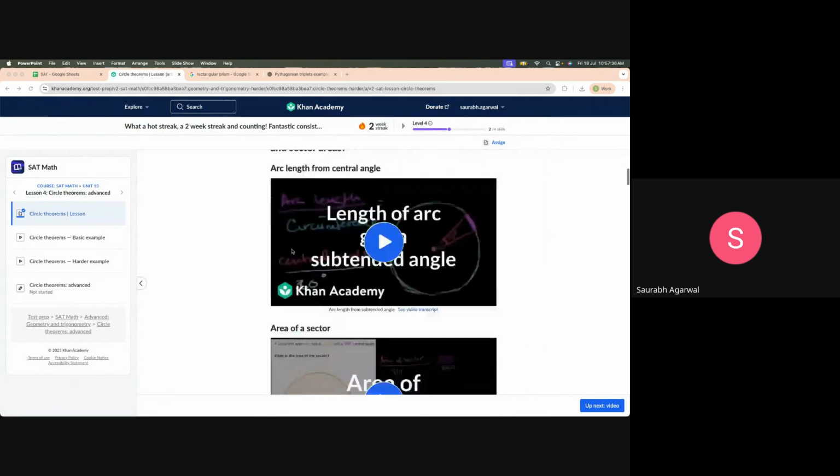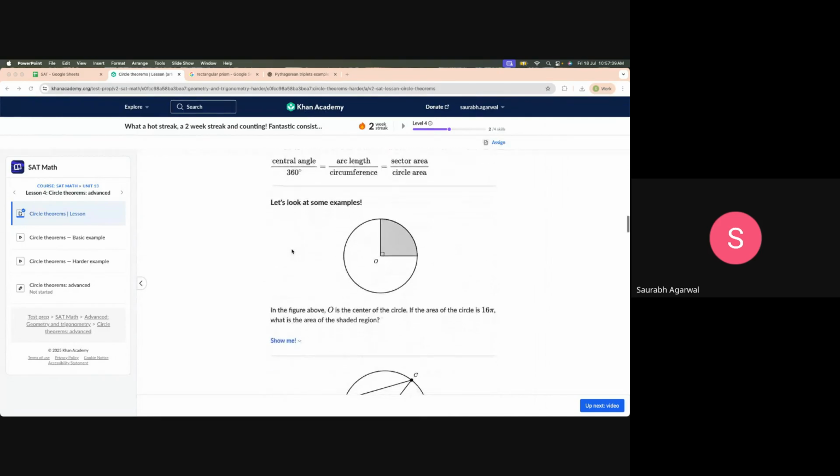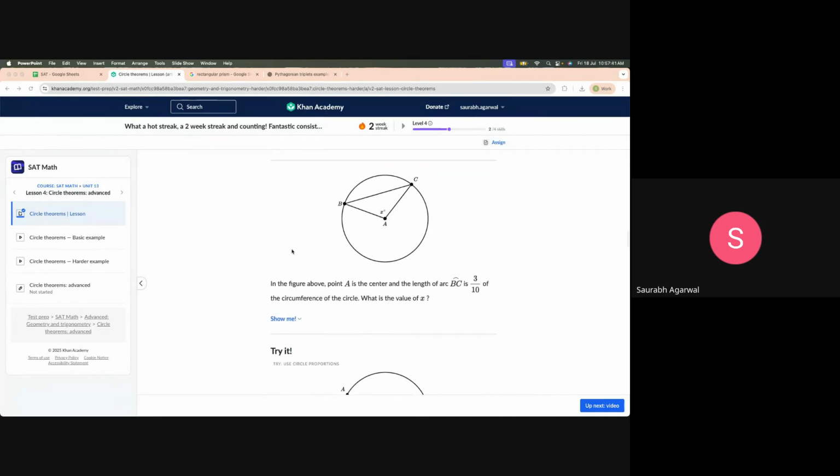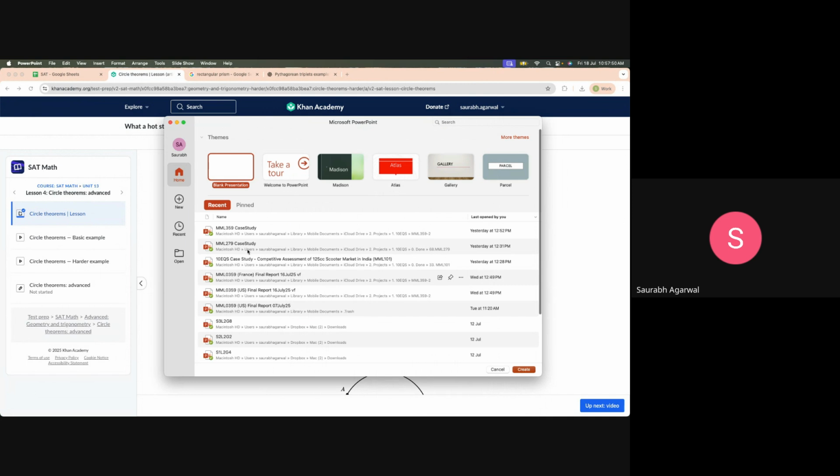Let me see if there are others. There was another theorem that in a semicircle, let me draw it again.